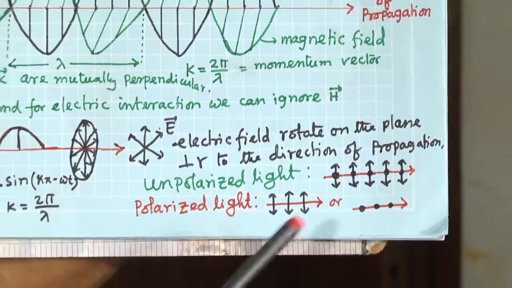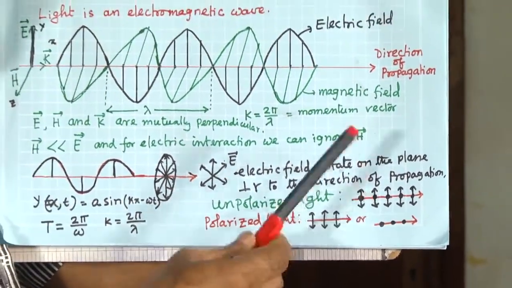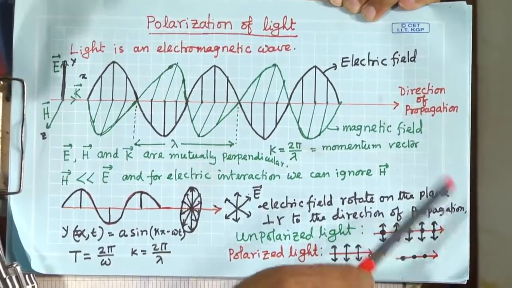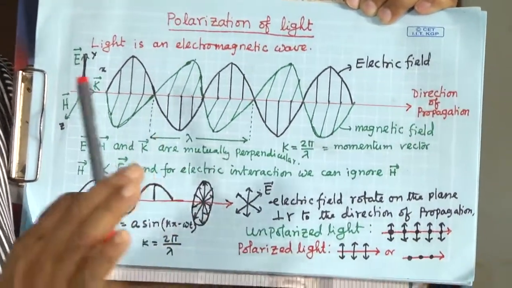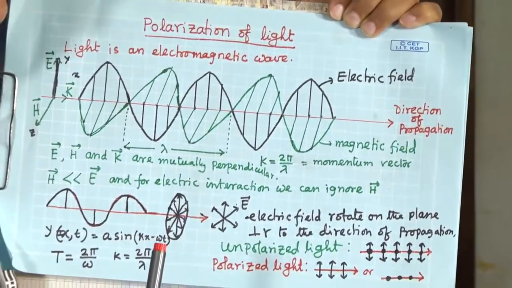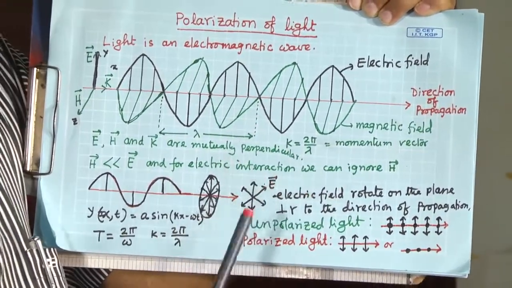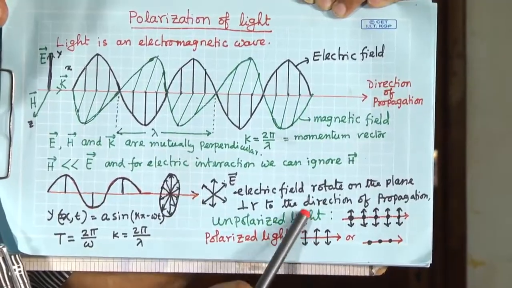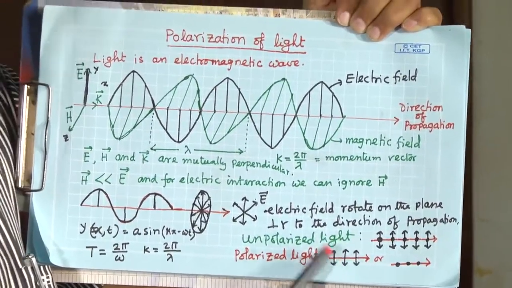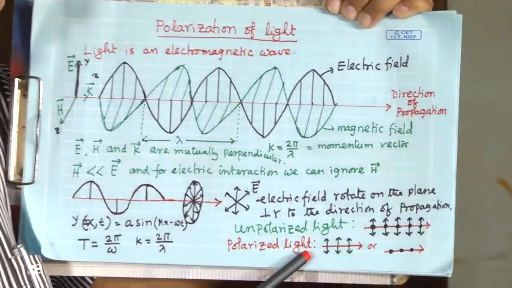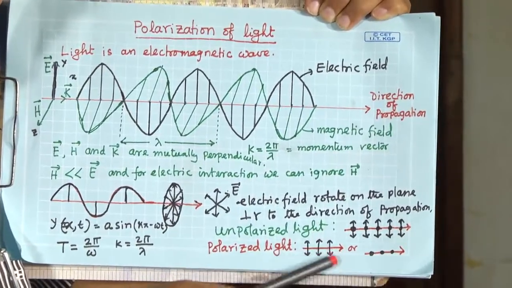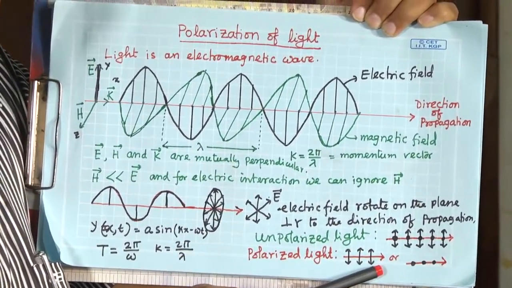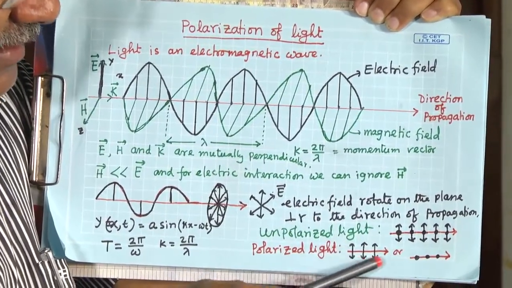Okay. Now, if only one component exists and the other one is removed by some means, then we say this is polarized light. Okay. So, if the direction of this electric component is fixed by some means, then we say this is polarized light.